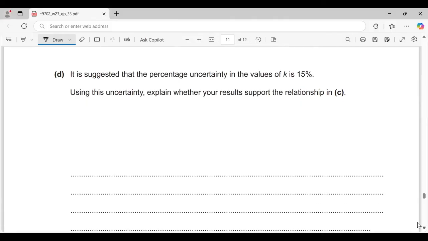It is suggested that the percentage uncertainty in the value of K is 15%.